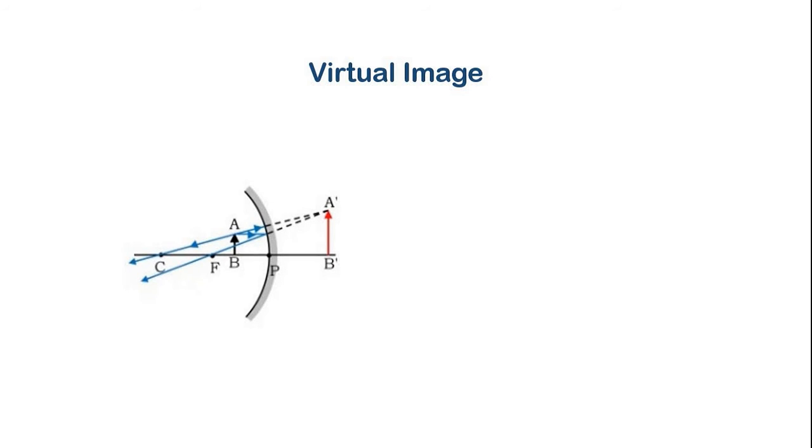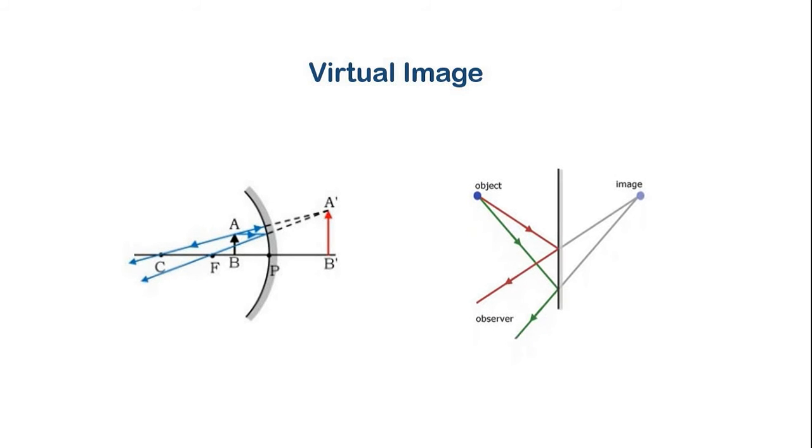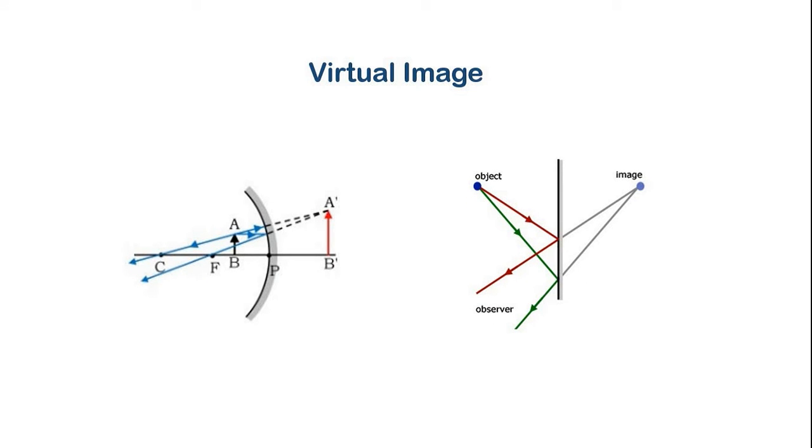Virtual image. If light rays emitted from a point after being reflected or refracted on a surface seem to diverge from a second point, then this second point is called the virtual image of the first point.